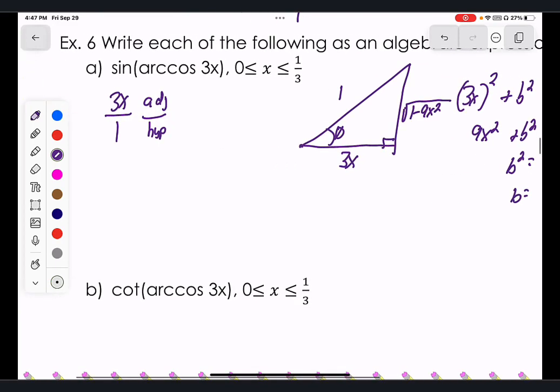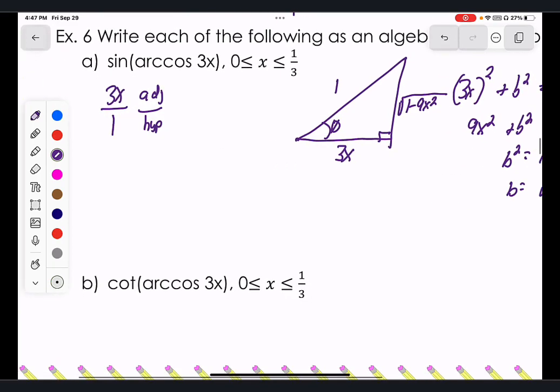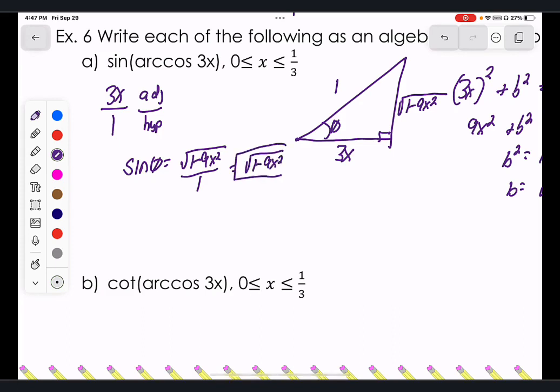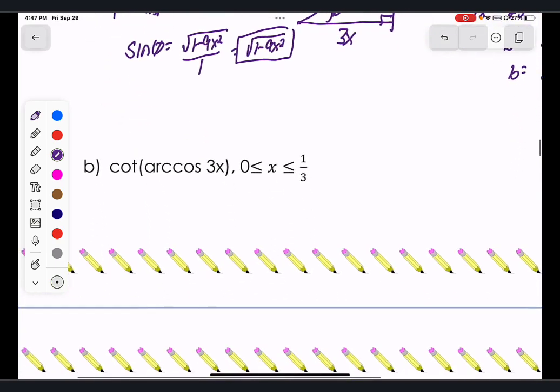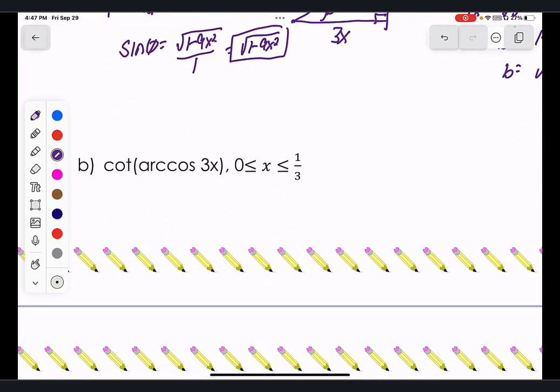And now they want the sine. So the sine of theta is simply opposite over hypotenuse, which is the square root of 1 minus 9x squared over 1, which equals the square root of 1 minus 9x squared. And that's our answer. The next one is simply asking for the cotangent.